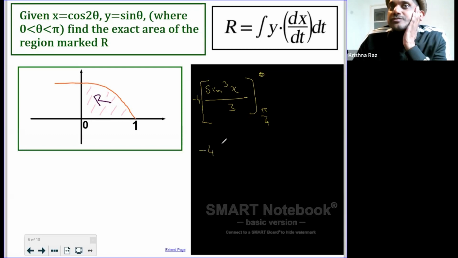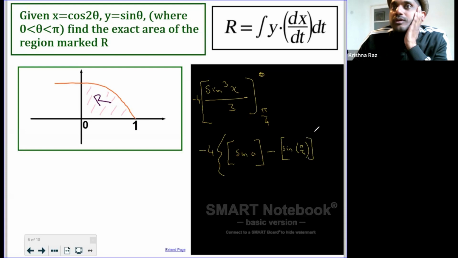So we've got minus 4 lots of sine 0 minus sine pi by 4 cubed over 3.